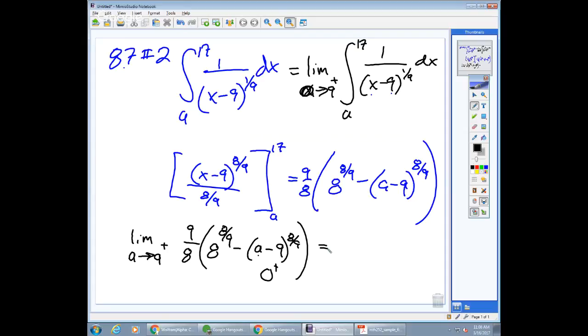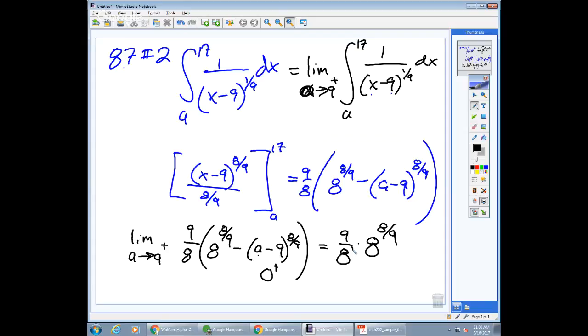It appears to be 9/8, and we can probably clean that up a little bit, times 8 to the 8/9. So cleaning that up, I could view this as 8 to the 1st, and applying the exponent rule for division, that gives me 8/9 minus 1, which is what, negative 1/9?